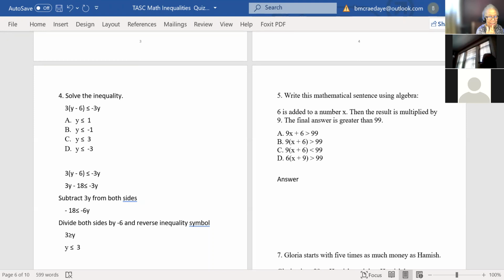6 is added to a number. The result is multiplied by 9. The final answer is greater than 99. What's the answer, Vanessa?